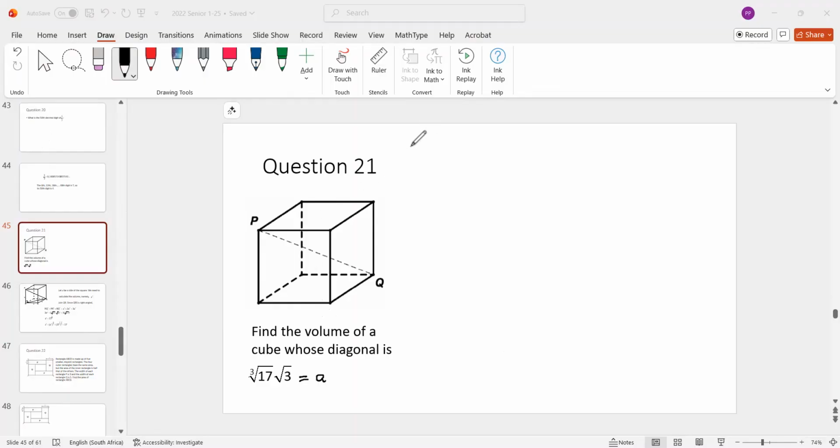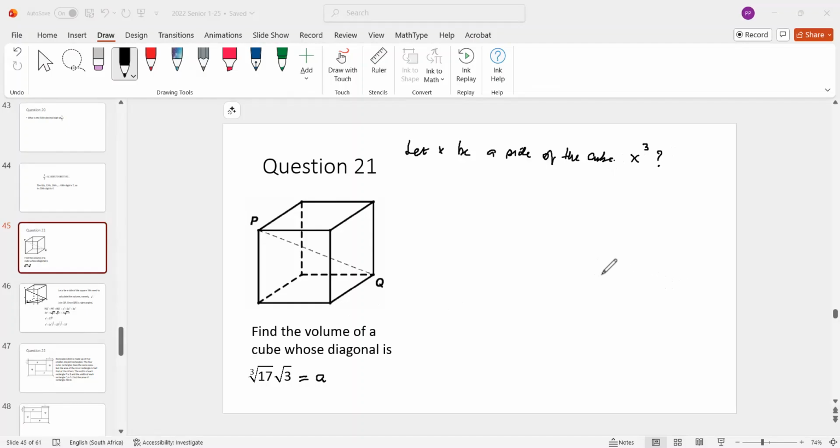So let X be a side. You don't know what this is. So you need to find the volume. So we need to work out X cubed, because the volume of a cube having side X is X cubed.